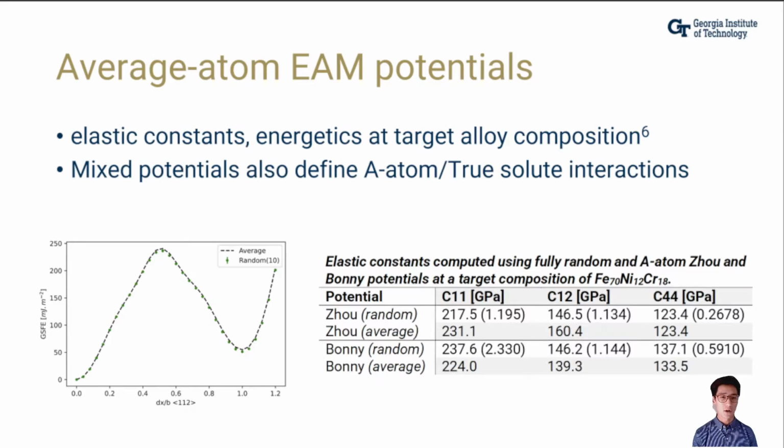The table at the bottom shows elastic constant comparisons calculated using two iron-nickel-chromium potentials, comparing true random and average atom values. At the left, the generalized stacking fault energy curve is shown for a similar comparison. Mixed potentials can also be defined that define average atom and true solute interactions. All the energetics show close agreement.